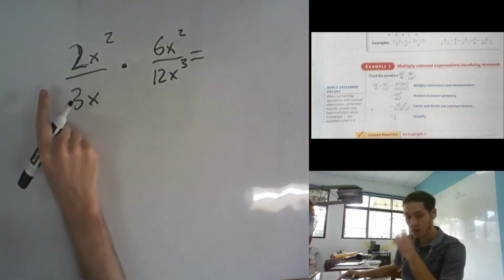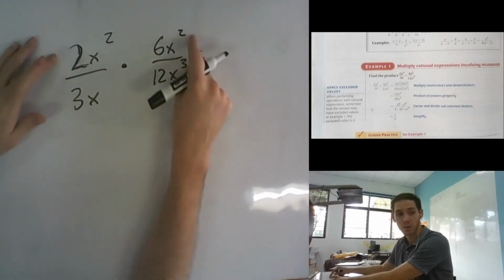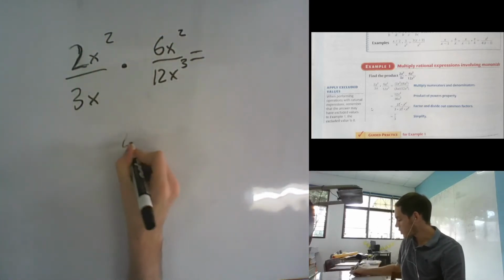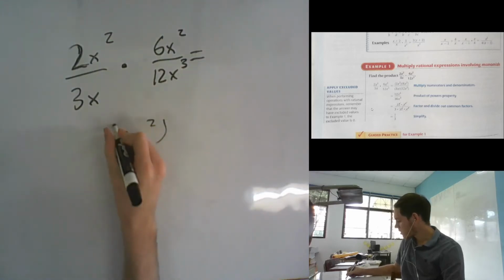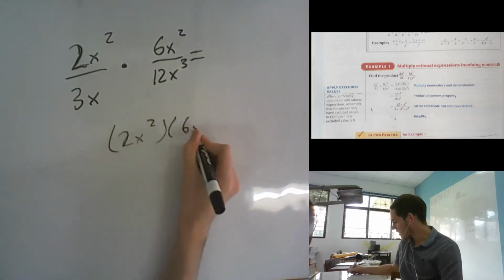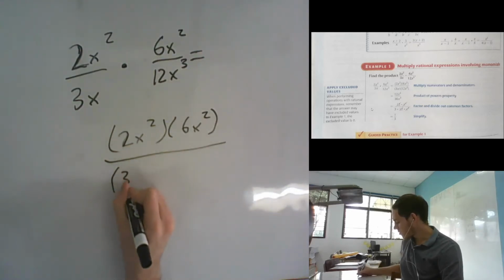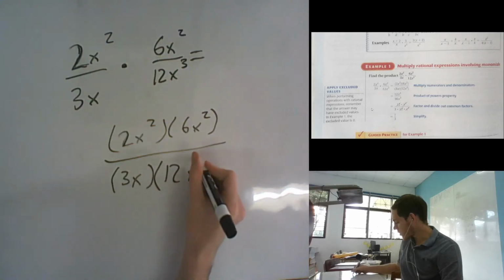Okay, so with this, we multiply the top, and we multiply the bottom. So the top is 2x squared times 6x squared. And the bottom is 3x times 12x cubed.